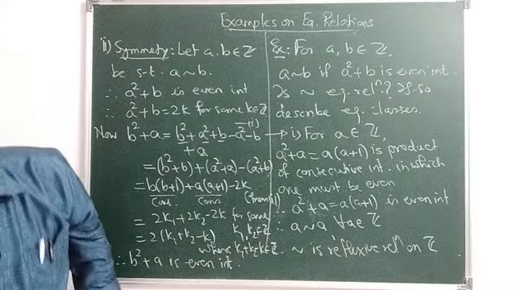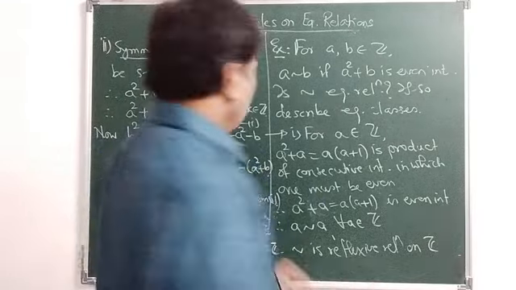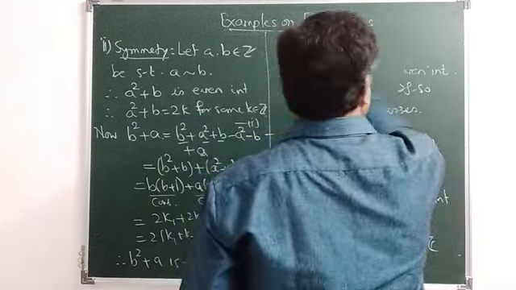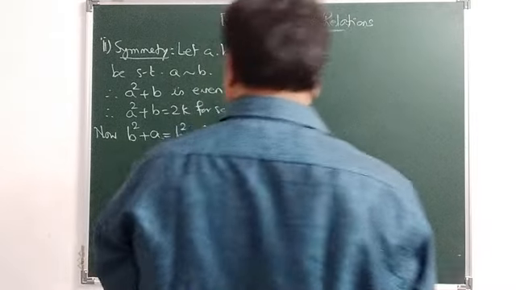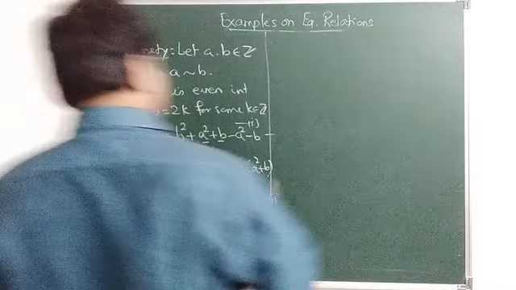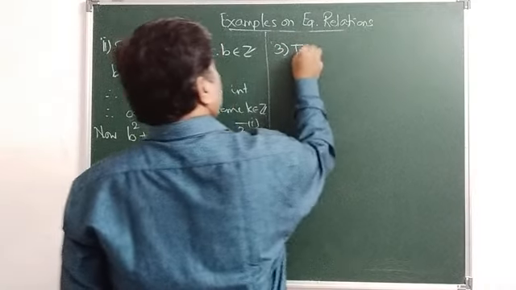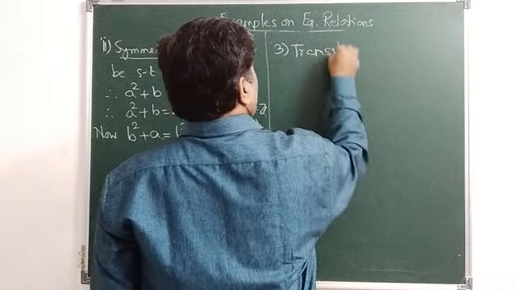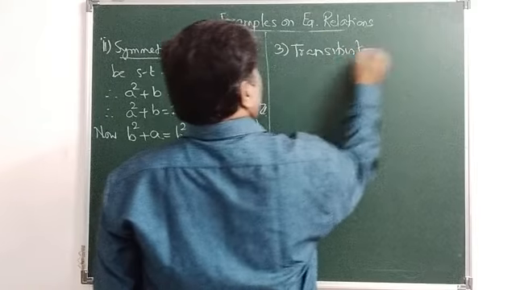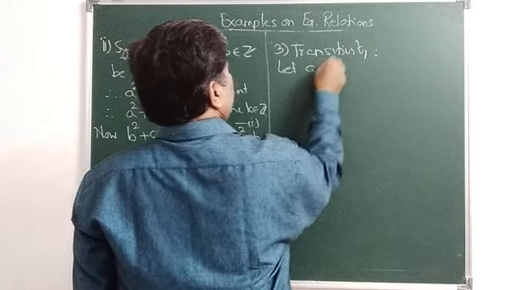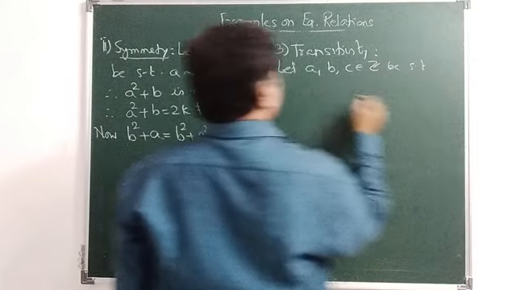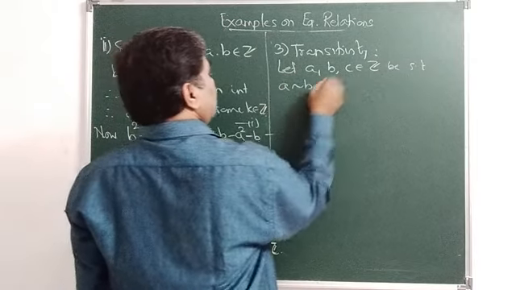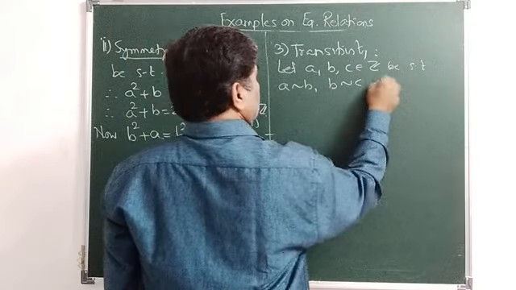Now, we have to check whether it is transitive. Third, transitivity. So let a, b, c belongs to Z be such that a is related to b, b is related to c.